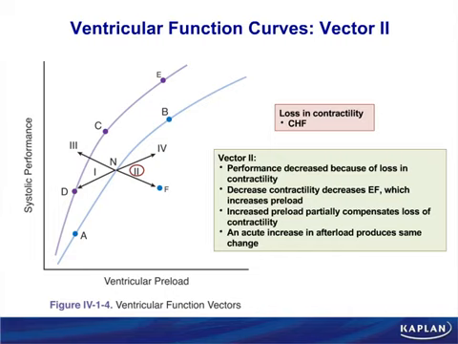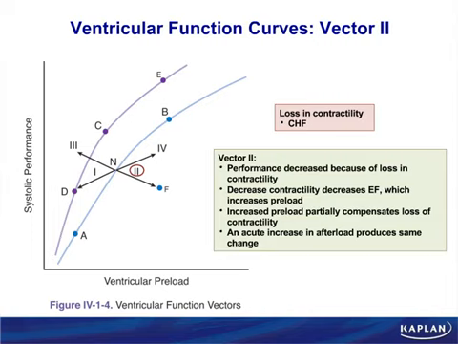In other words, you go from N to F. Hopefully you remember that alpha causes arteriolar vasoconstriction. You can stop a heart cold if you OD somebody on a drug like phenylephrine, an alpha agonist, because there's just too much afterload. So again, moving from N to F is a loss in contractility and or an increase in afterload.